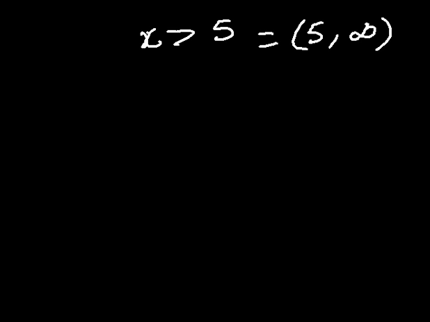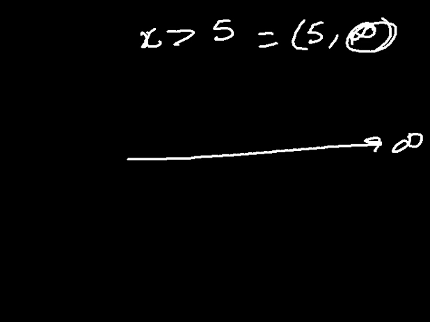On the number line, this is an unbounded interval. We have positive infinity here, because the x values are increasing from 5 towards positive infinity. We have 5 somewhere here, and since 5 is not part of the interval, we have an open dot. So this is how we can present it.